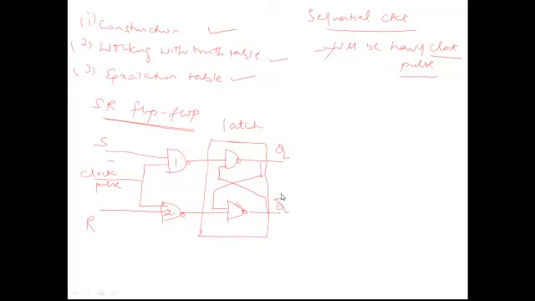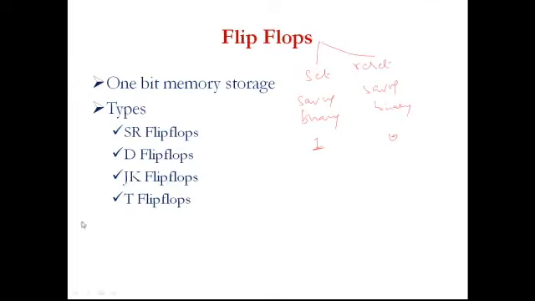Now, let me also give you one basic difference. When we are talking about sequential circuits, there are 2 types: one is synchronous sequential circuit, another one is asynchronous sequential circuit.